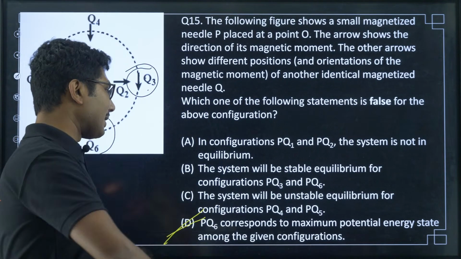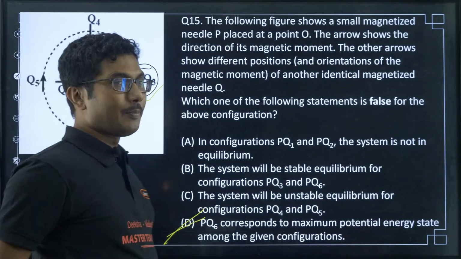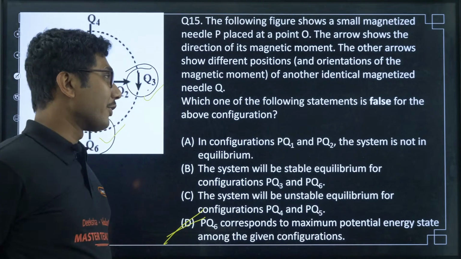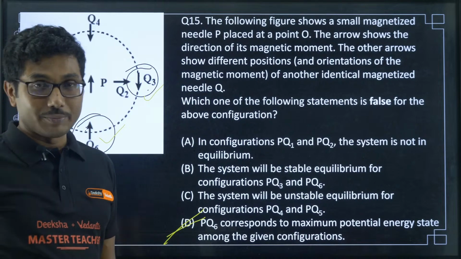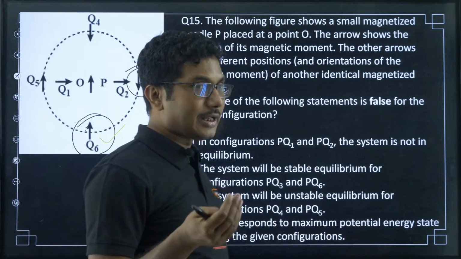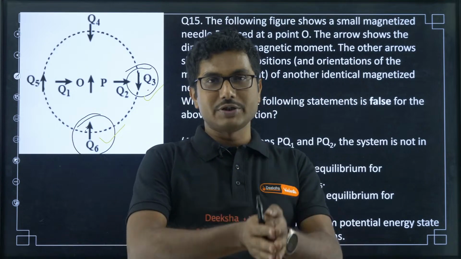Try to remember that whenever there is equilibrium, if you have missed the chapter on equilibrium in your first PU, the rotational motion chapter, there we have discussed equilibrium. Equilibrium basically represents when all the forces or all the torque acting on the system is 0.